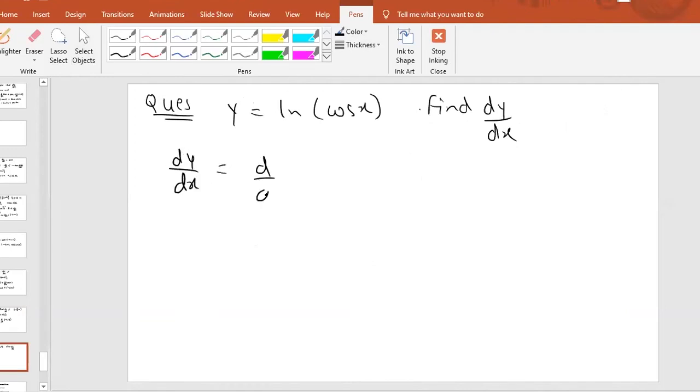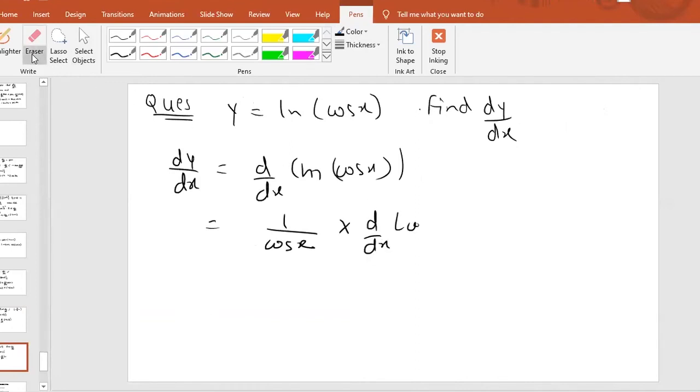Fine. For this problem, write dy by dx equal to d by dx of ln cos x. Now it is a function of x, we can understand because we are differentiating with x, and inside the function we have cos x. Now we have to go from left to right. Differentiation of log is what? 1 by inside the bracket, so 1 by cos x, into d by dx of cos x.